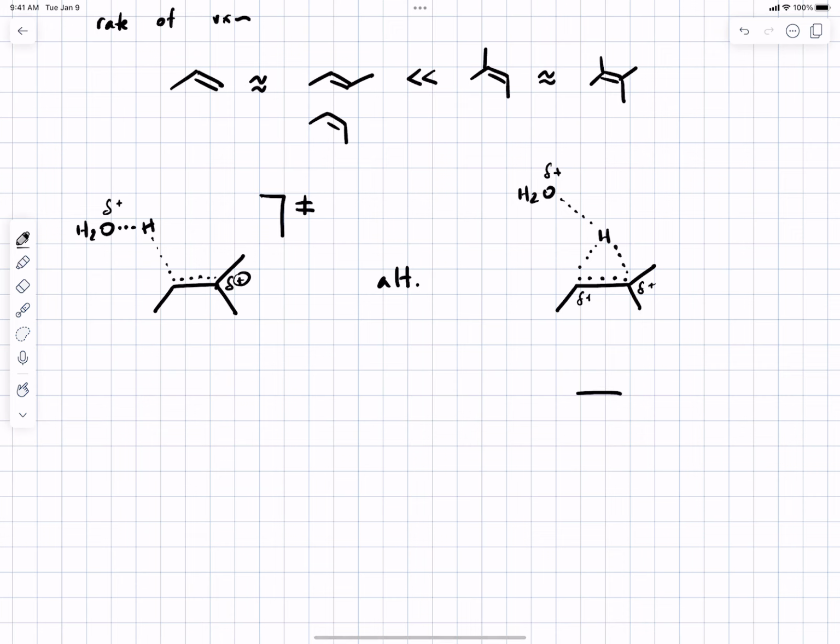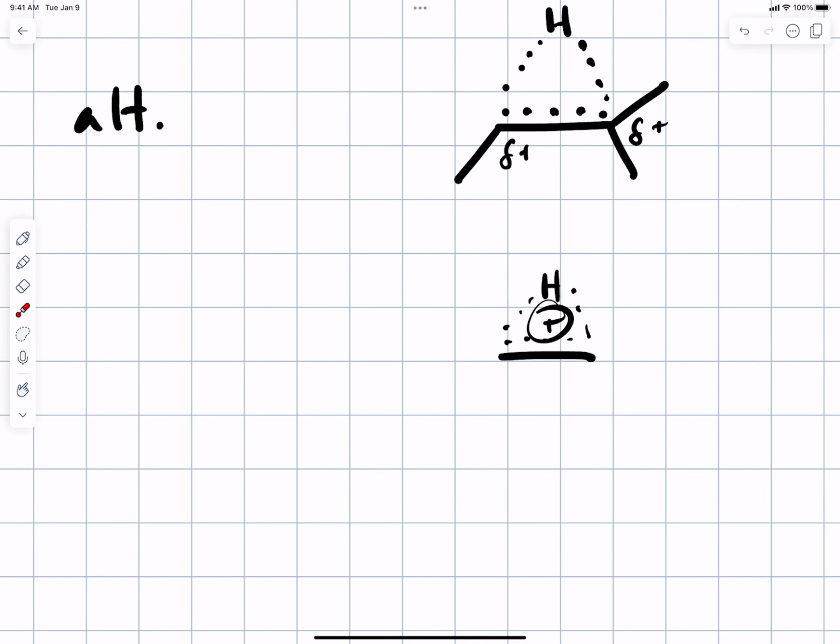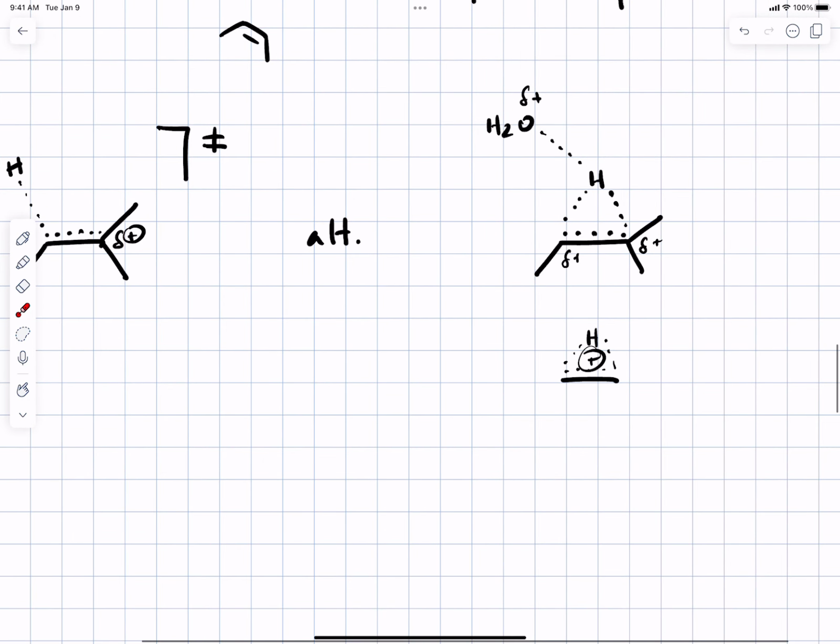Because we talked about how in some cases for carbocations, this is the right structure, right? A three atom, two bond, three center, two electron bond, where two electrons are delocalized between the carbons and the hydrogen. The alternative proposal here for the transition state is something like that.